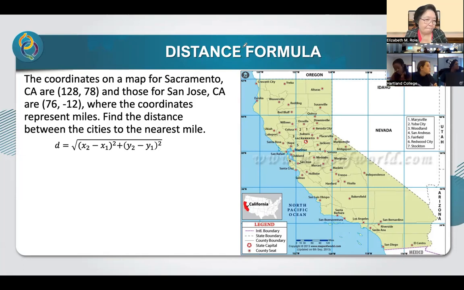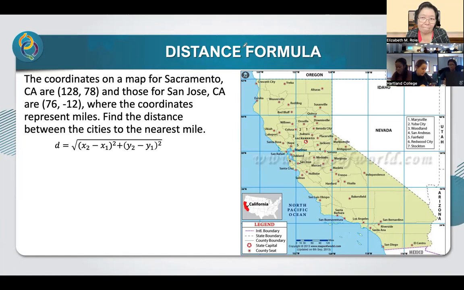What is the absolute value? If you square a negative number. How many? You find now the distance?